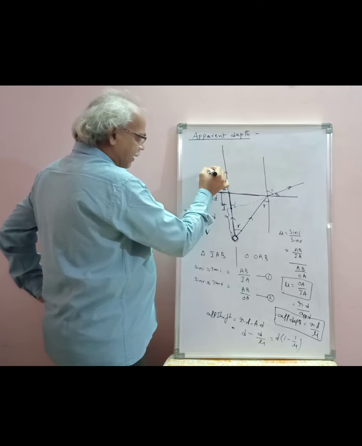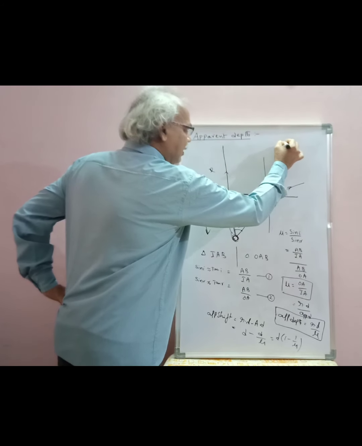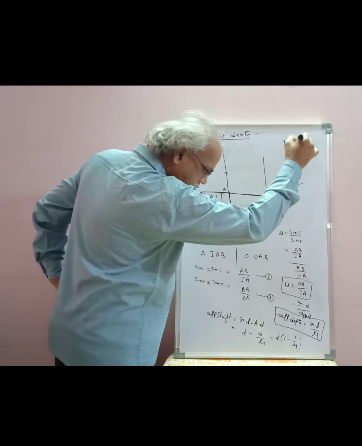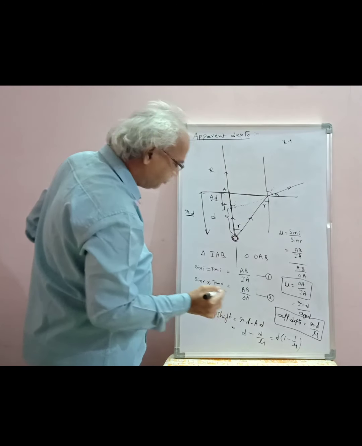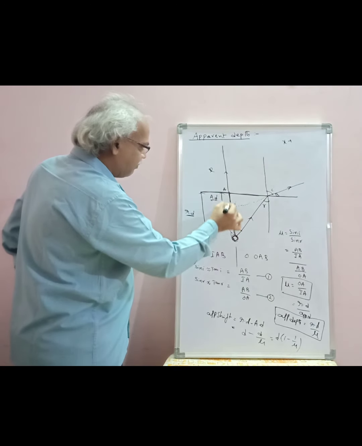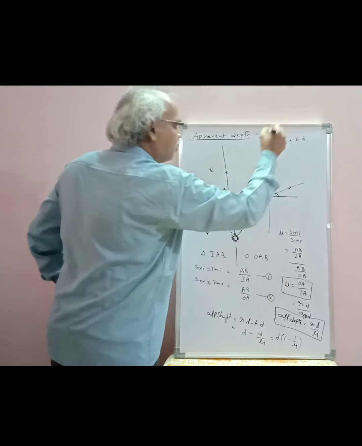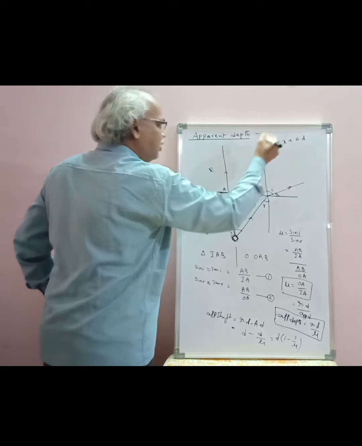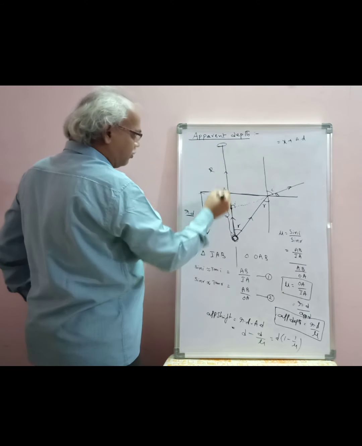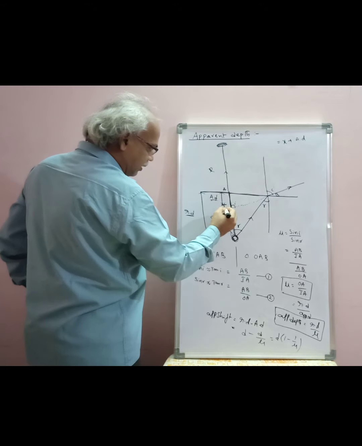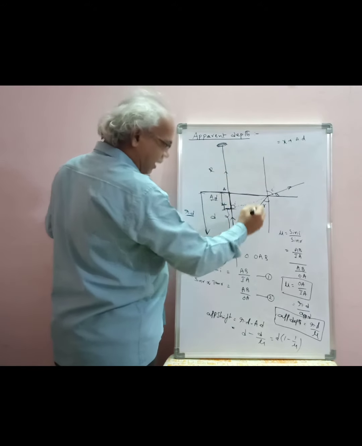The distance is x plus apparent depth. So it is the virtual distance between this observer and this virtual image, x plus apparent depth.